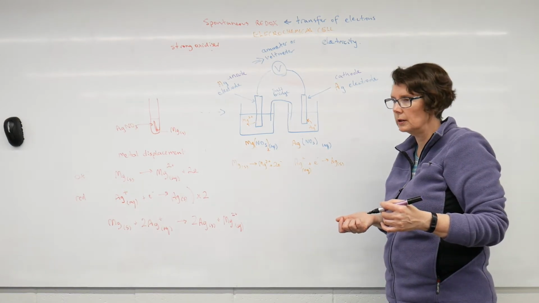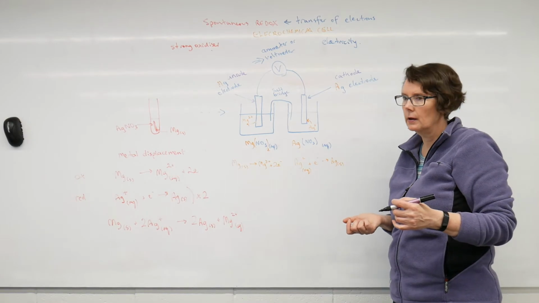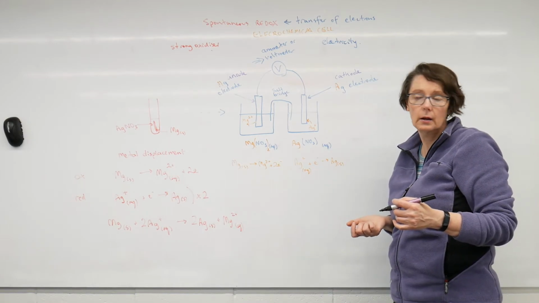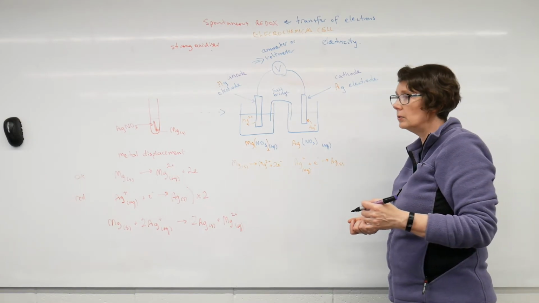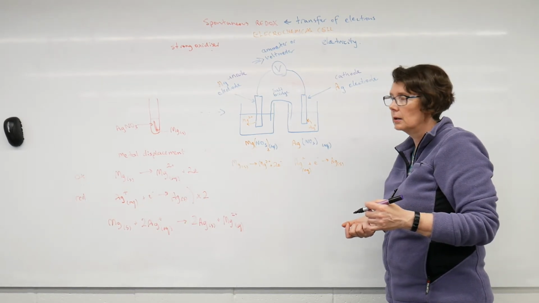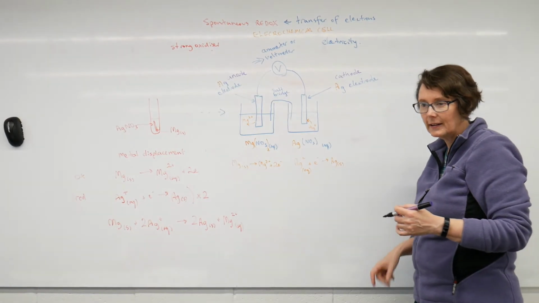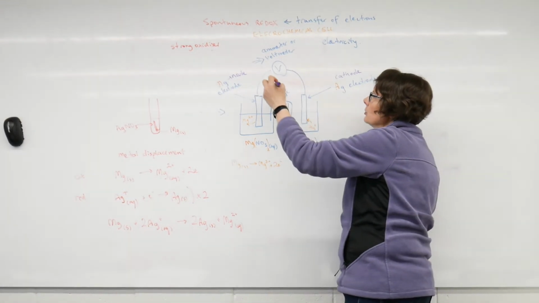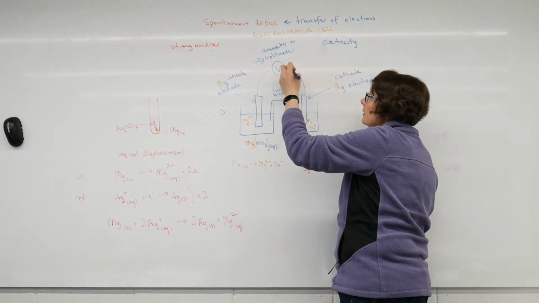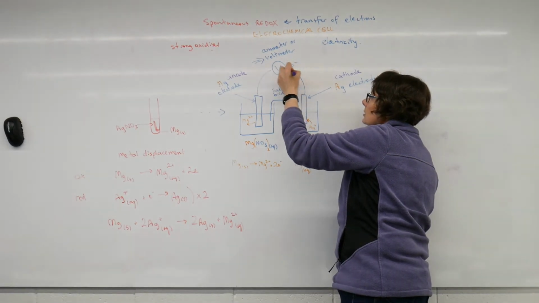Which direction do you think the electrons go? From the anode to the cathode. Okay, so our electrons are going to be traveling in this direction.